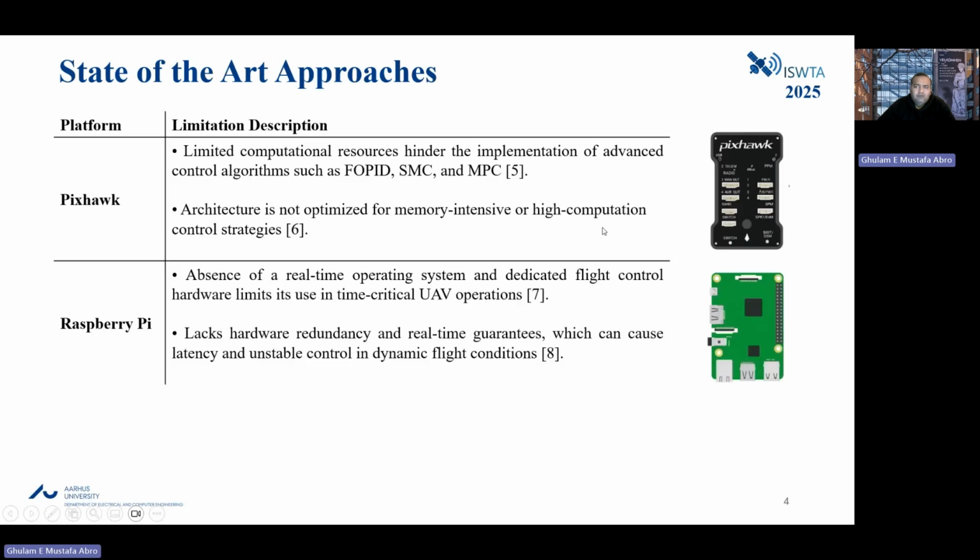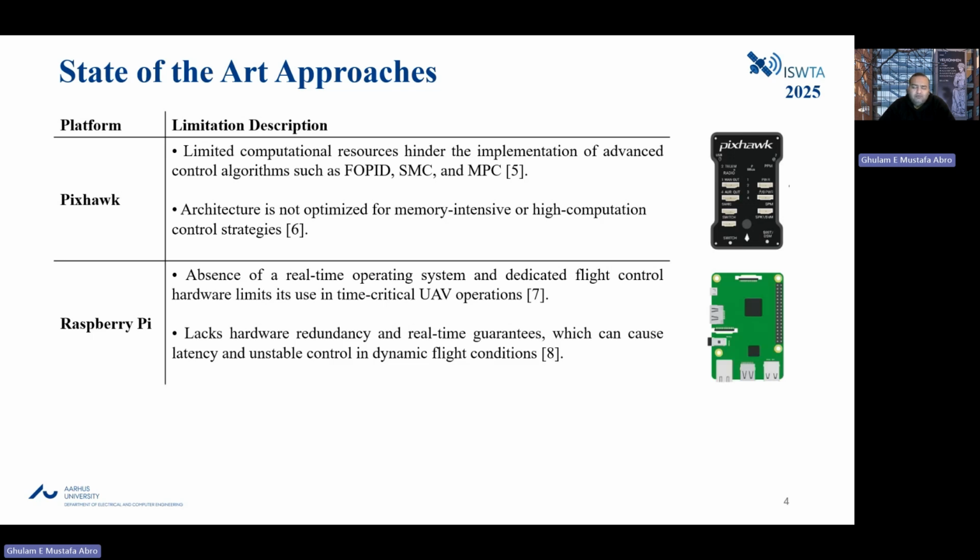Pixhawk has limited computational power, so we cannot program FOPID or sliding mode control or even model predictive control. Its architecture by default is optimized only for low level controls. And wherever higher storage is required, just like in artificial intelligence based control algorithms, it's not a suitable option.